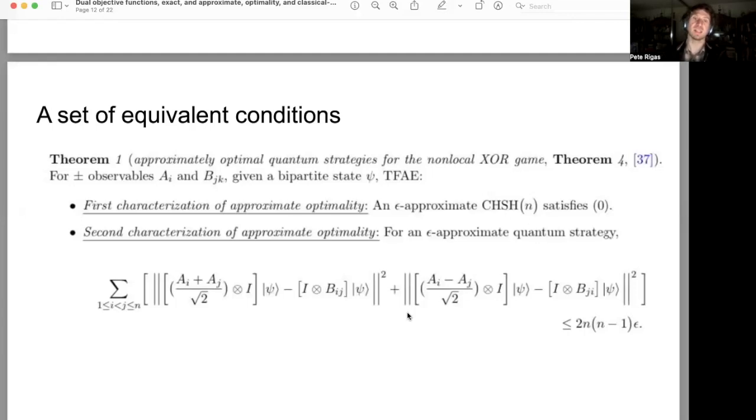And it's basically claiming, as given in the second bullet point, that a second equivalent characterization of the approximate optimality is given by the structure of these error bounds, which is given by a summation over a square of these two norms, where we're taking a difference of quantum states with respect to the L1 norm, which has an upper bound of 2n times n minus 1 epsilon.